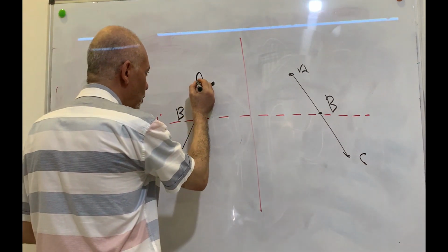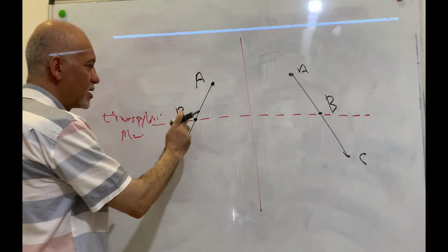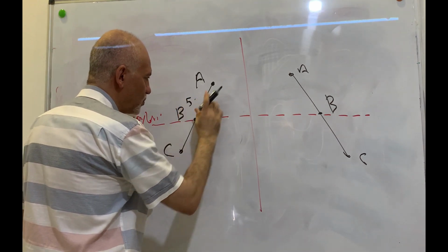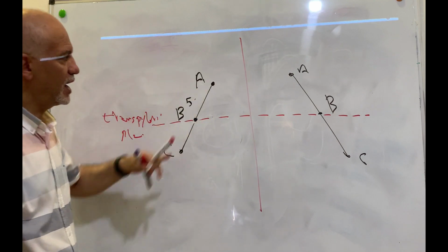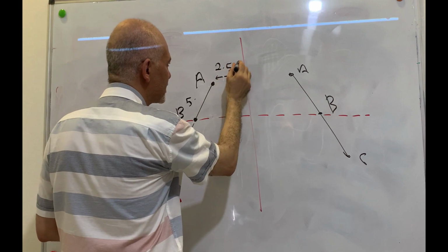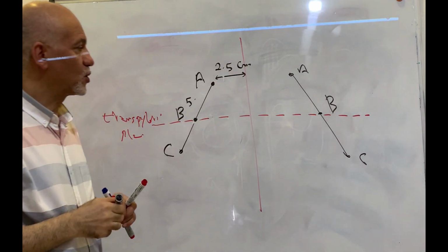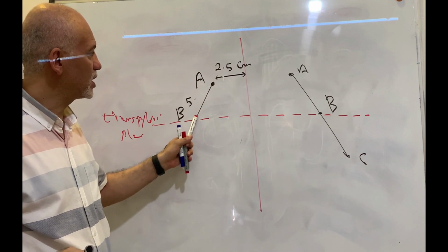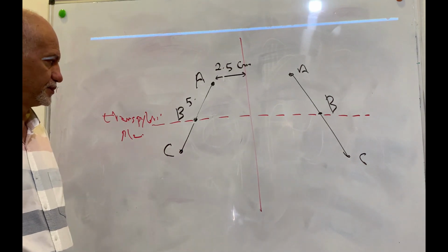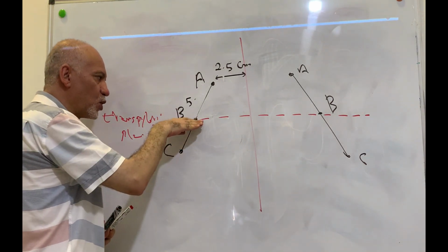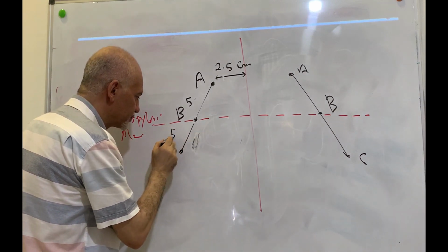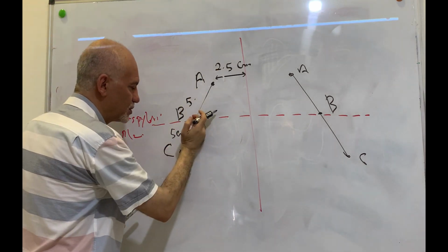Point A is about 5 centimeters above this point, and 2.5 centimeters from the midline. Point C is below the hilum, below point B, by 5 centimeters.